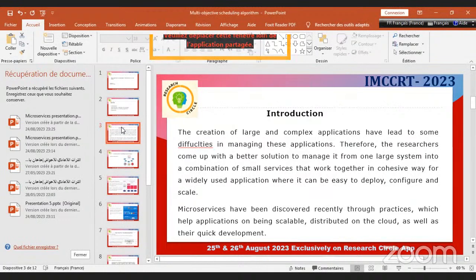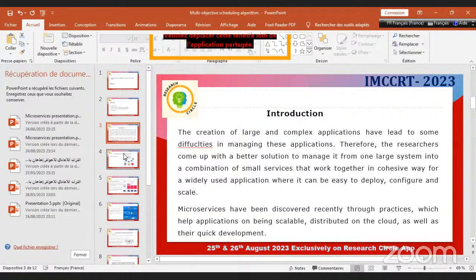Therefore, researchers came up with a better solution: to manage it not as one large system but as a combination of small services that work together in a cohesive way for a widely used application, where it can be easy to deploy, configure, and scale. Microservices have been discovered recently through practices which help applications be scalable, distributed on the cloud, as well as quick to develop.